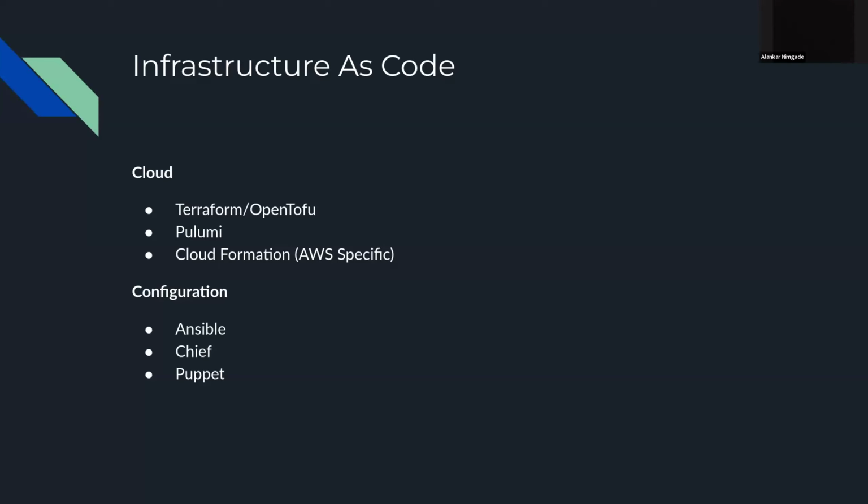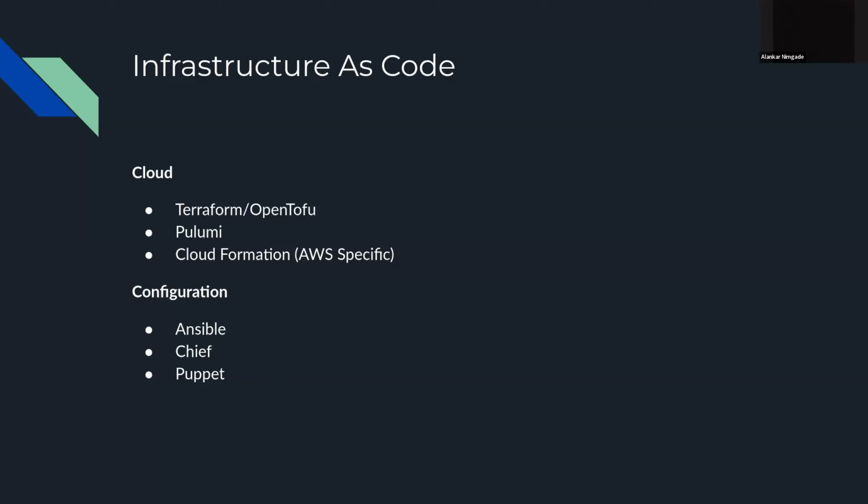Terraform is for creating infrastructure, while a configuration tool is for configuring it. For example, you would create a server using Terraform, but if you want to install something on it, then you would need Ansible, Chef, Puppet, or similar tools.